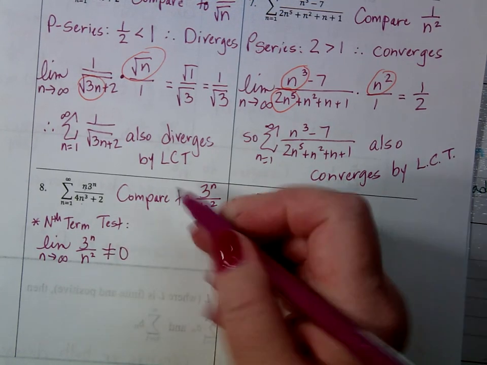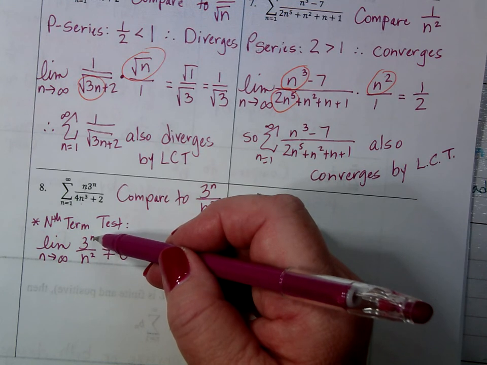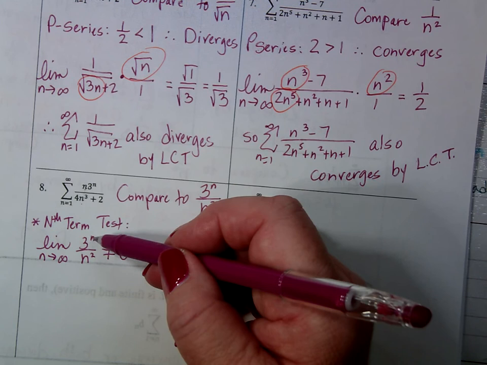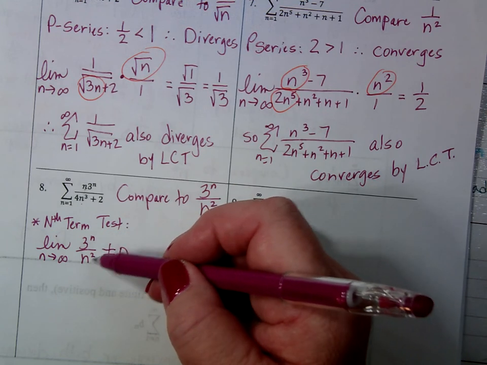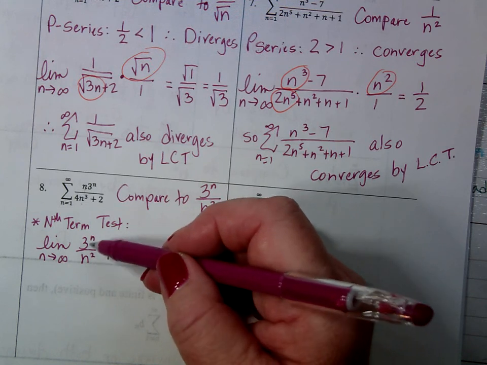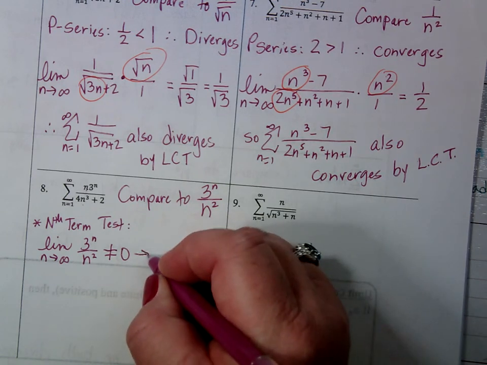Think about it. If I have 3 squared, that's 9, over 4, 27 over 9. You can see that the top is growing faster than the bottom, so it's not going to equal 0. And the nth term test says, okay, well then it diverges.